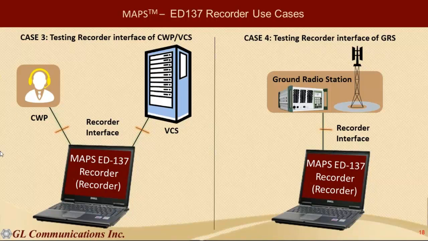In that case, Maps can act as a recorder itself, receiving the RTSP sessions and recording all the voice coming in, and it will also store the call record details to CSV files so that users can verify these later. Similarly for the GRS, the ground radio station involved in air-to-ground call recording. Okay, that's clear now.